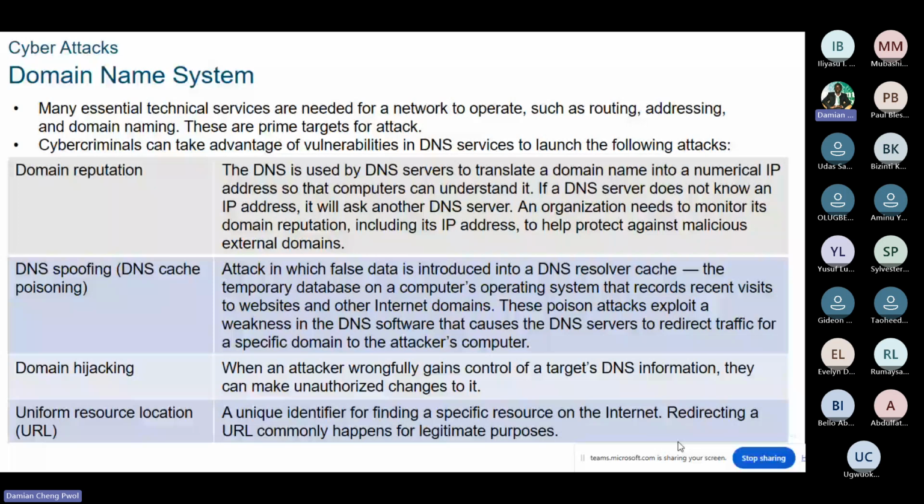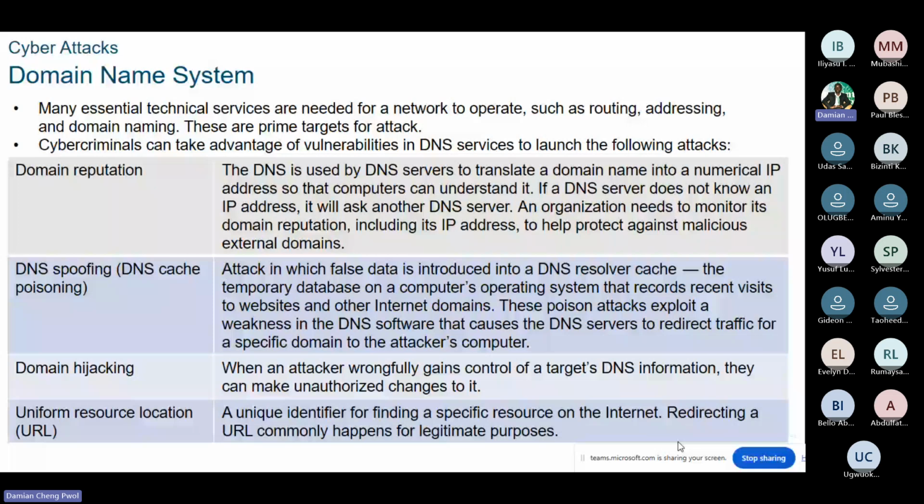Cyber criminals can take advantage of vulnerabilities in DNS services to launch the following attacks. So what we're saying is that the conversion from the domain name to the translated IP address, attackers could take advantage of that line of conversion. They can also pretend.